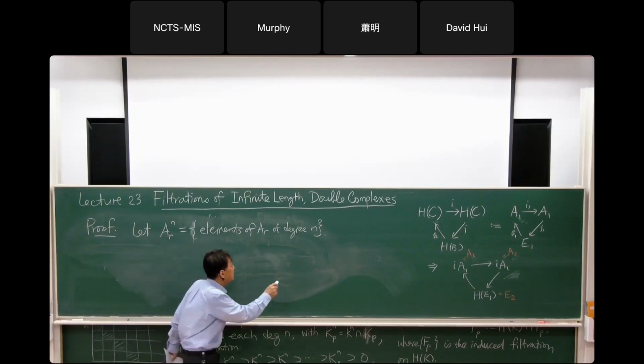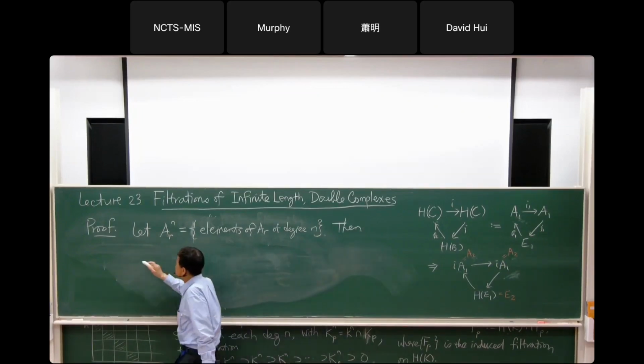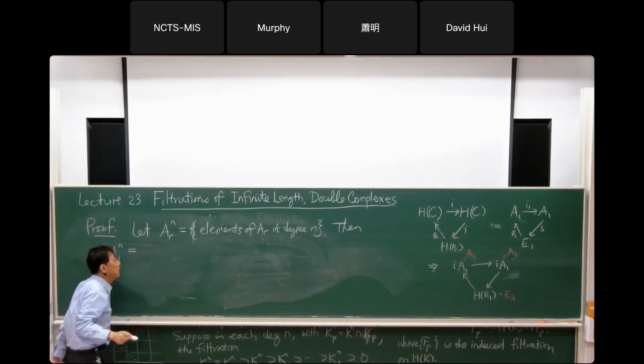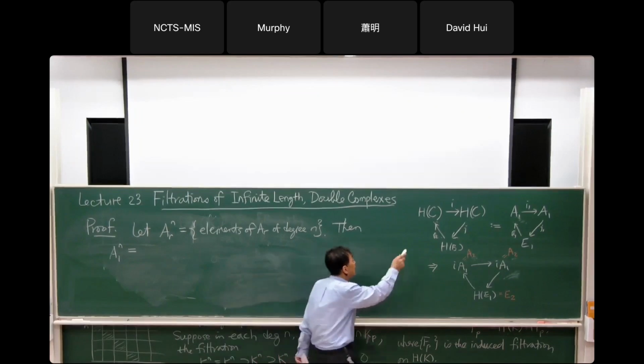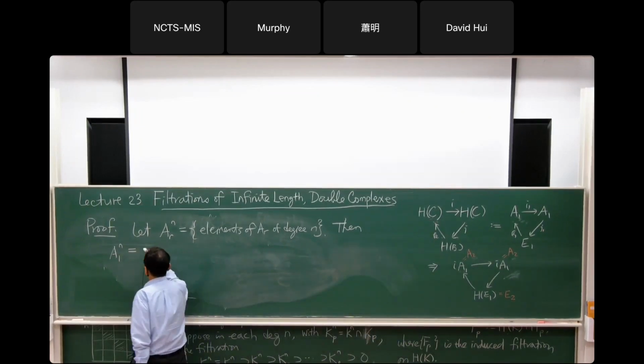Okay, then A1^n is the elements of H(C) of degree n.